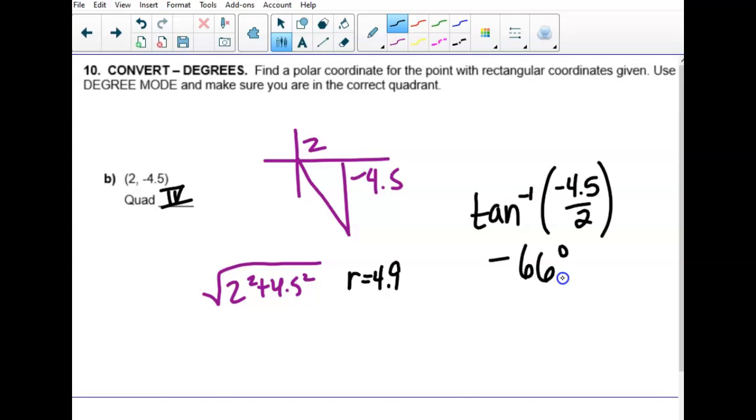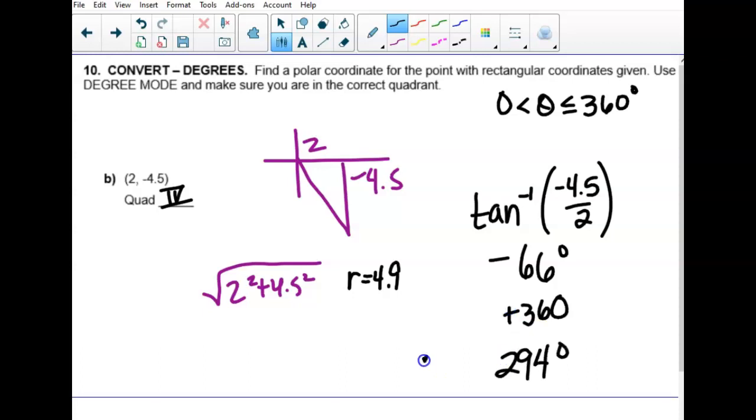If it doesn't tell us, you can leave it a negative, but I think it might say it has to be between 0 and 360. Something like that. In which case, be careful. You want to stay in quadrant 4. So what are you doing? Adding 360, which is 294. Okay. So 4.9 and 294.